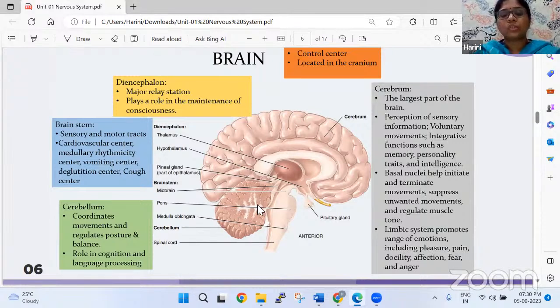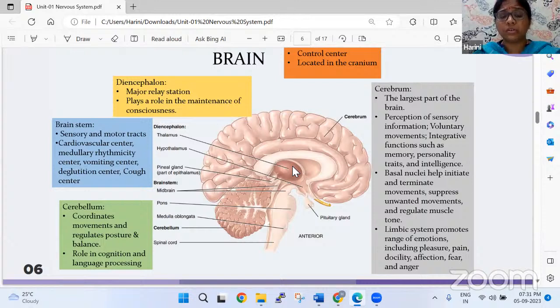Now let's go above. We have done with the stalk, and now we have done with the bag, that is the cerebellum. Now let's see the middle part of the brain, that is the diencephalon. As I have written here, we can call the diencephalon a major relay station, because it is the major thing which has a connection with the intelligence, that is the cerebrum.